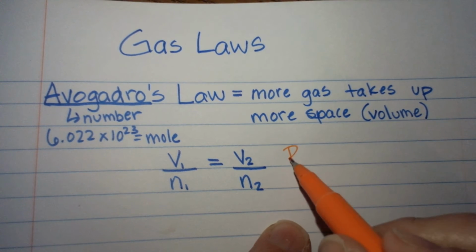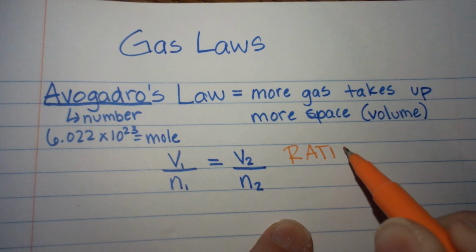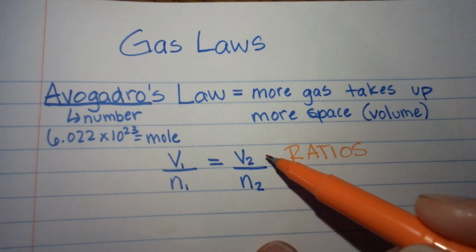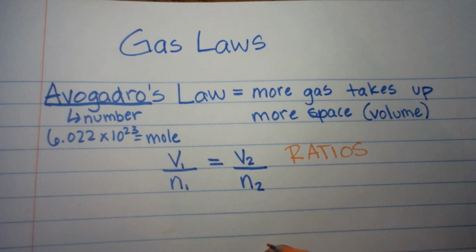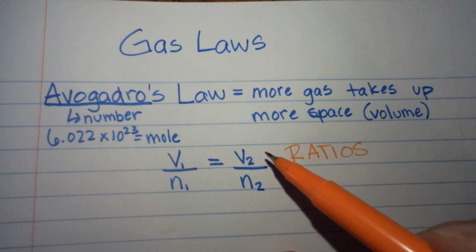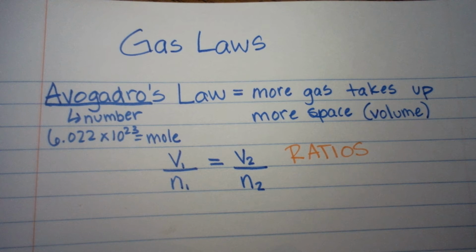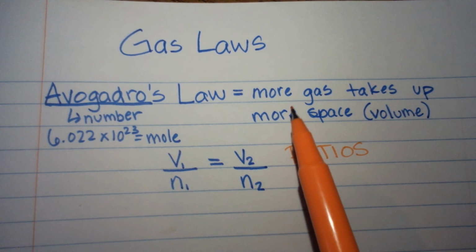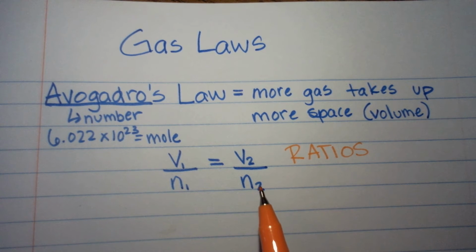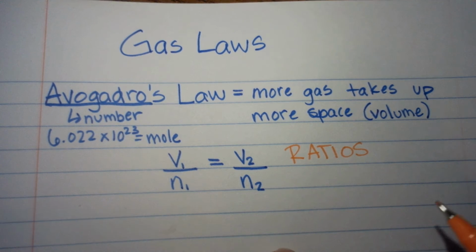These are ratios. So ratios are kind of like fractions, but we're comparing two things. In this case, the first volume and the first number of moles, and the second volume and the second number of moles. Notice in our definition, more gas, more space. Okay, so this is a direct relationship.